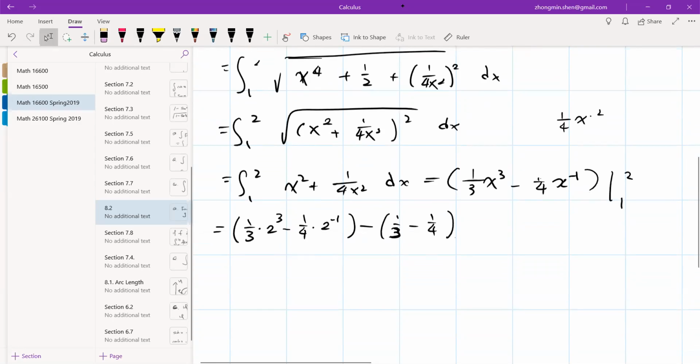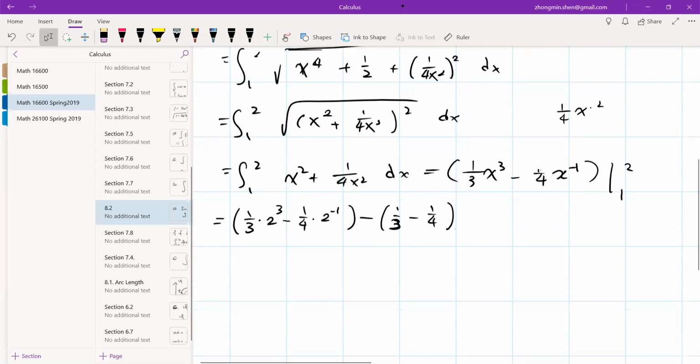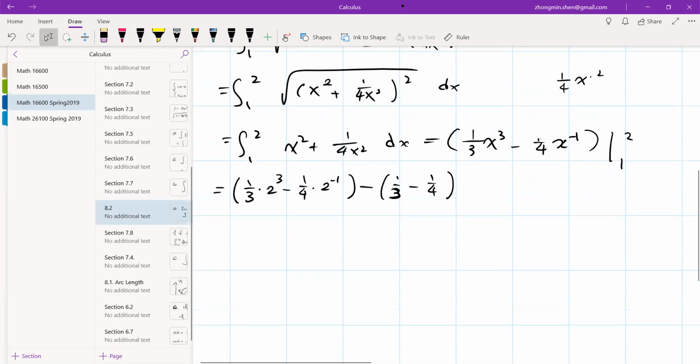Now, what we're going to do today is find the area of a surface of revolution. This is supposed to be a topic in Math 261, but since we're talking about a surface of revolution, we end up with a single integral of a single function, so that's what we can discuss here.